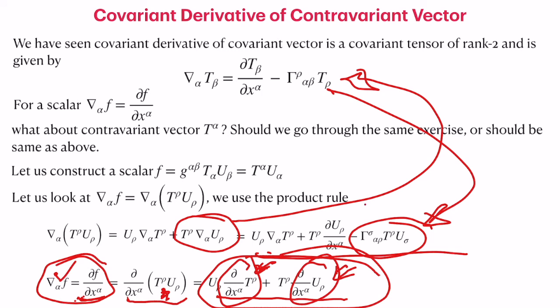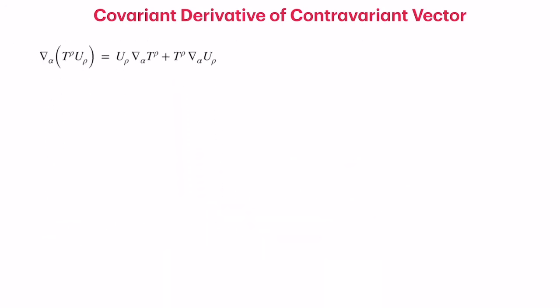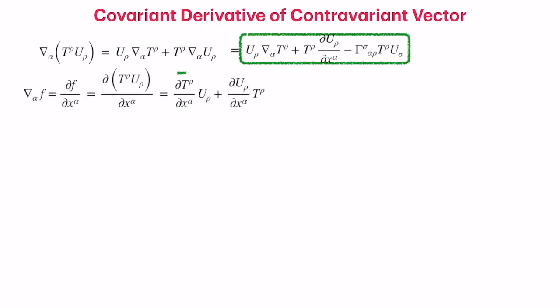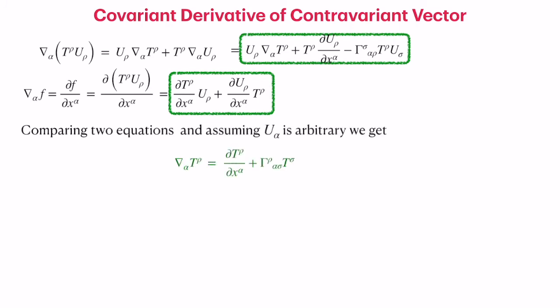So now we can compare these two equations and cook this up to get the expression for the covariant derivative of a contravariant vector. Okay, this is what we have obtained comparing these two equations. As U is a completely arbitrary vector, it should not depend on U. Both T and U are arbitrary vectors, so we can get rid of whichever we want, but U factors out cleanly and we end up with an expression for the covariant derivative of a contravariant vector.